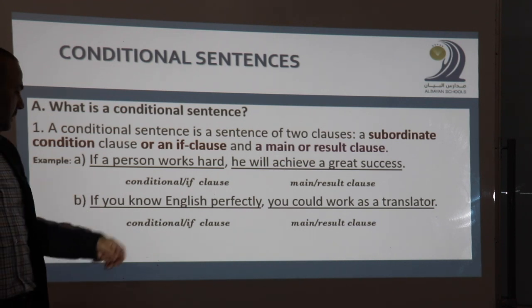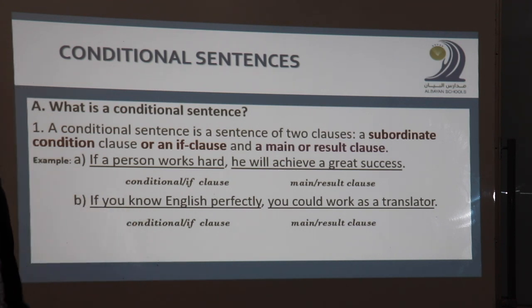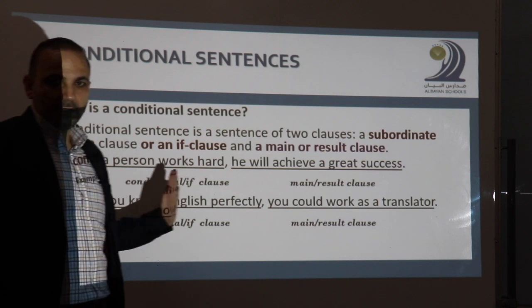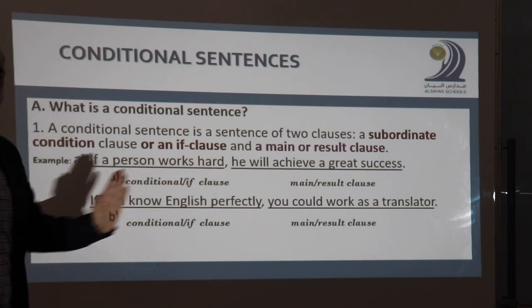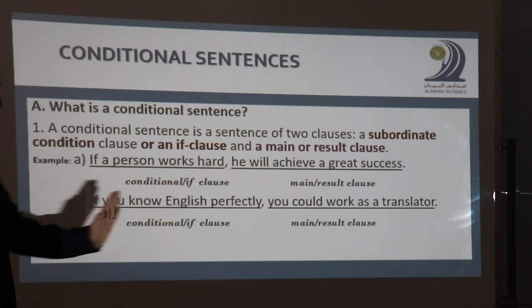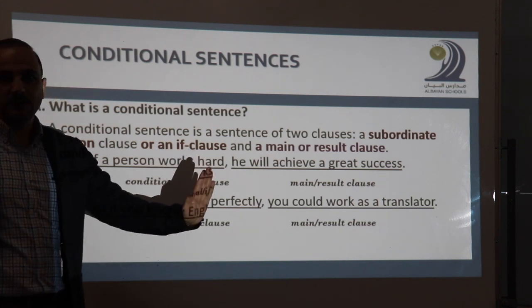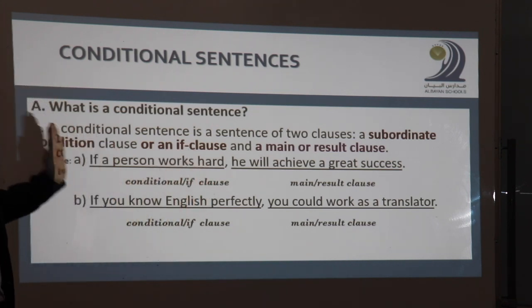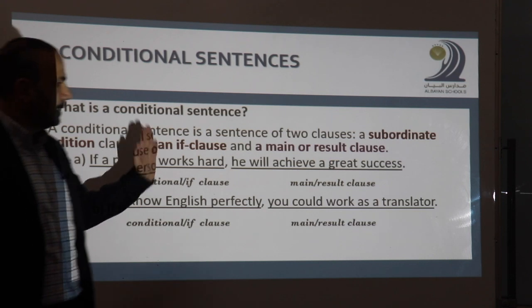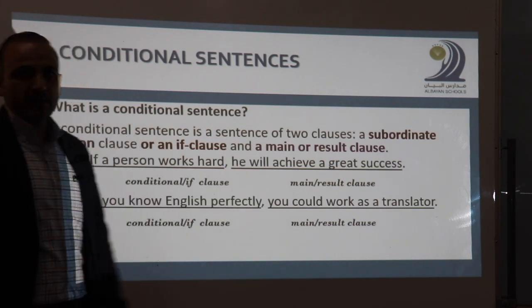The second example: if you know English perfectly, you could work as a translator. The conditional clause needs a main clause, or a result clause.